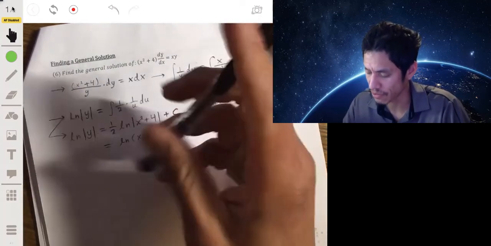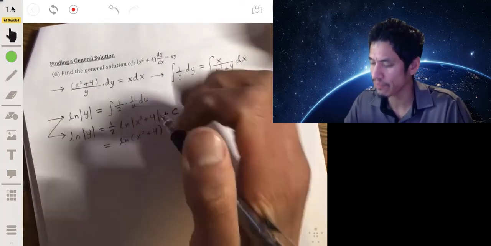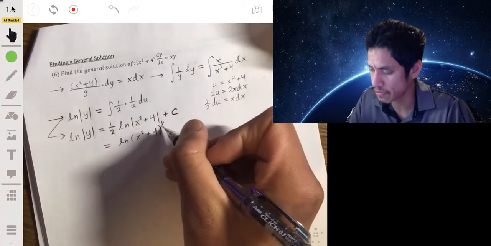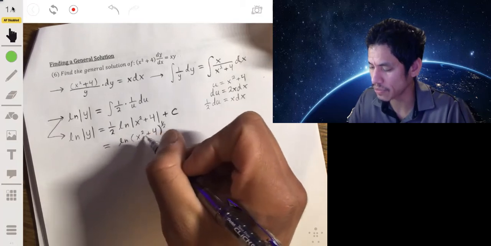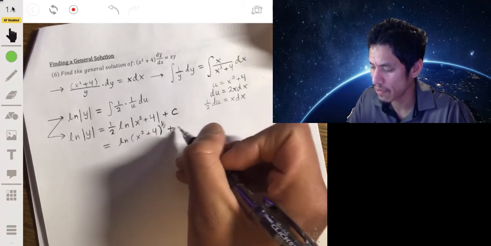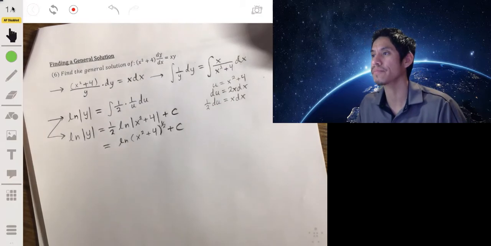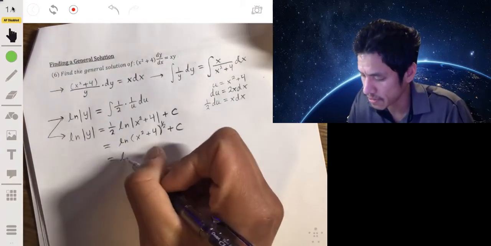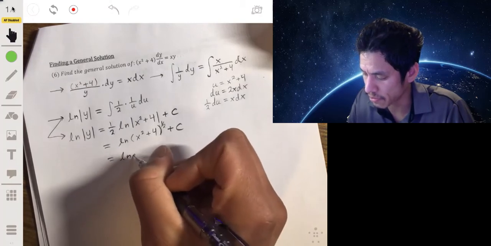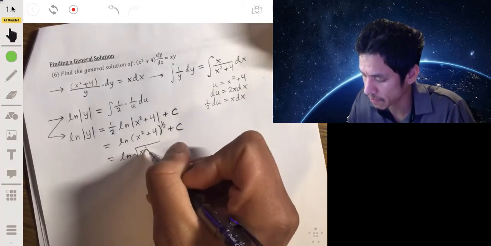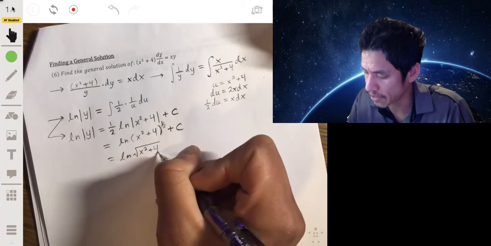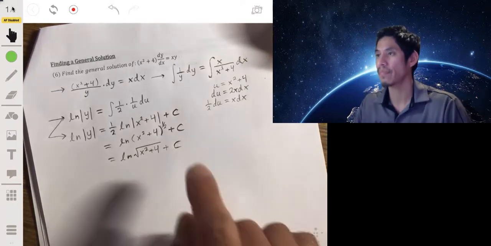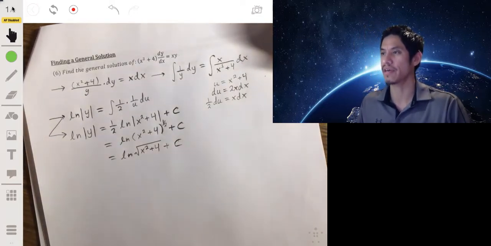And we're going to move this coefficient as an exponent, so we get the natural log of x squared plus 4 to the 1/2 plus c. We'll rewrite this side as the natural log of the square root of x squared plus 4. It's usually more formal. You'll see textbook answers in this form, so let's change it here now.